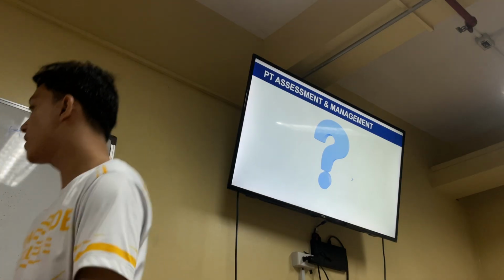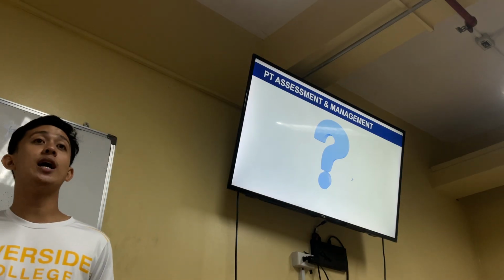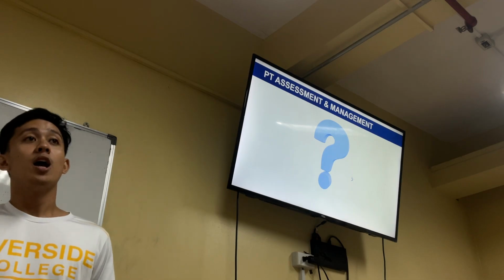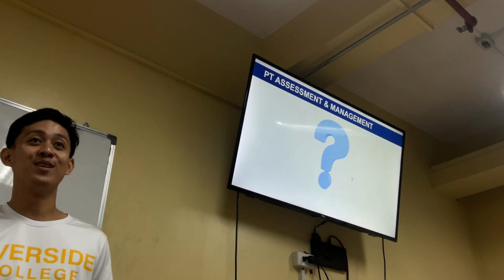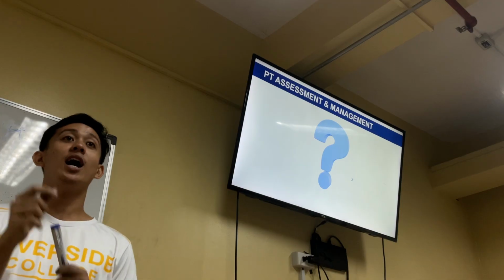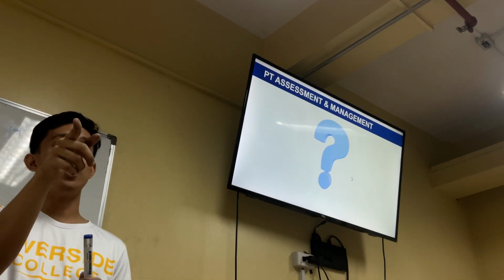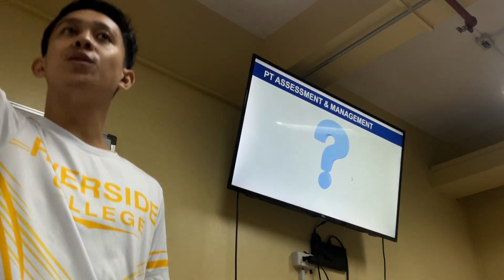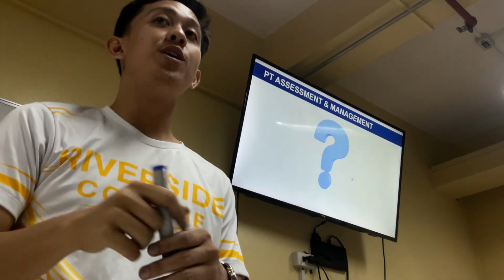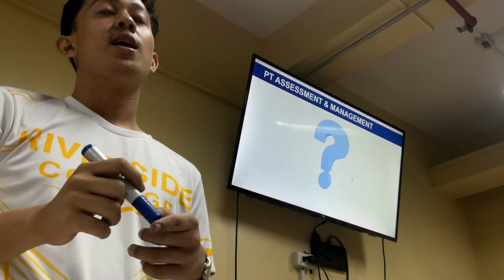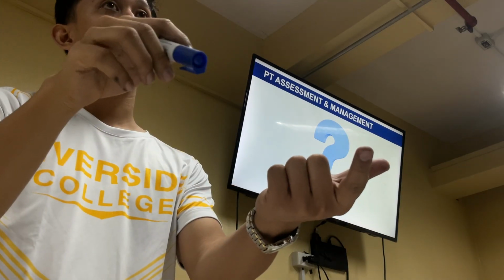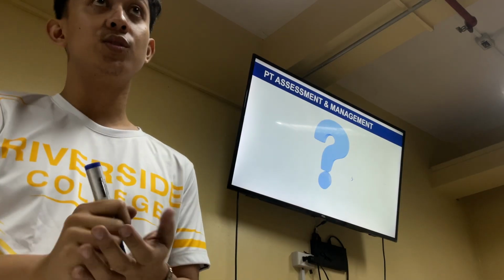Sensory, this is to rule out lang neurological problem. Dermatomes, pwede, especially the dermatomal. Kaya di ba duwa ang gina-check natin when it comes to sensory? We can follow the nerve distribution or the dermatomes.